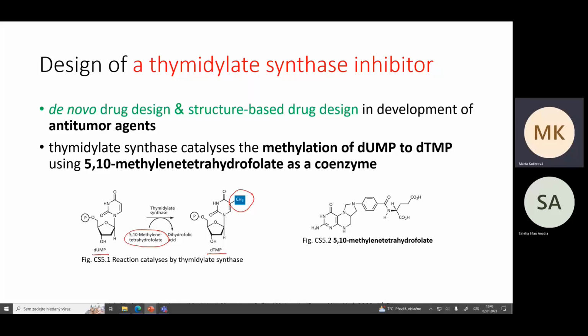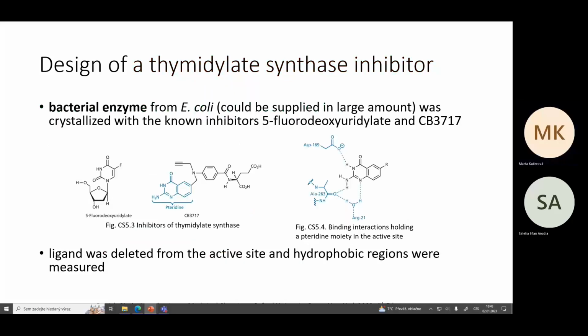So it brings the one carbon residue in this position, transferring it to the deoxyuridine monophosphate to get the deoxythymidine monophosphate.